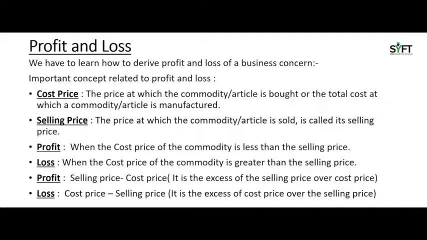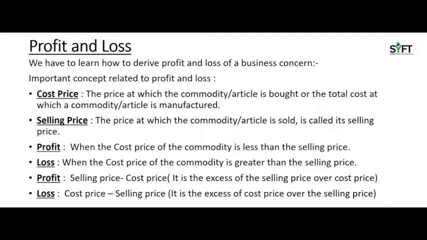So before jumping to the profit and loss problems, let us first discuss basic terminologies related to the topic. We'll go through the most important concepts related to profit and loss, and these are the cost price. Cost price is the price at which the commodity or the article is bought, or the total cost at which a commodity or an article is manufactured.